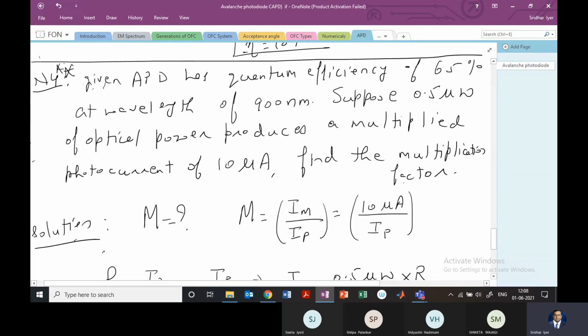Either way, you need to find the multiplication factor, or the multiplied current, or all these values for APD are given and you have to find the responsivity of the pin diode, and so on. The only difference between APD and pin would be the electric field that we have, the high electric field region, and that region is going to lead to impact ionization.